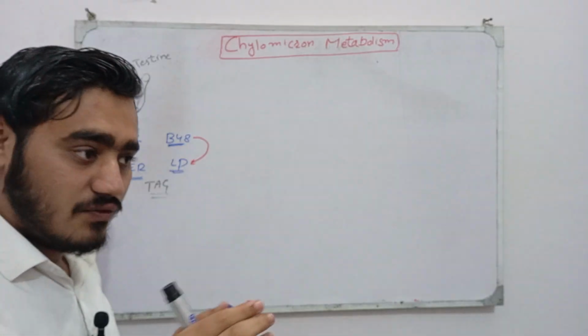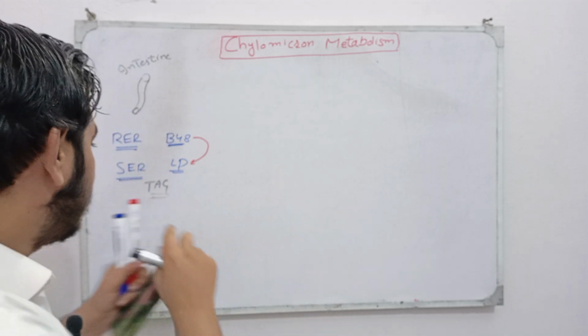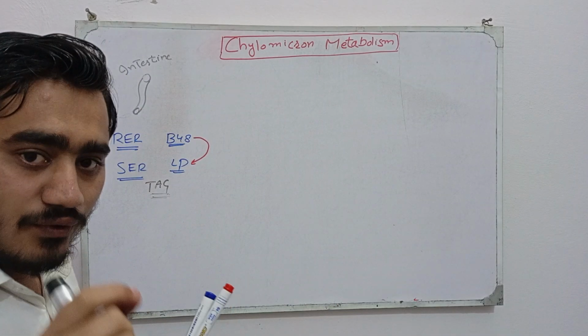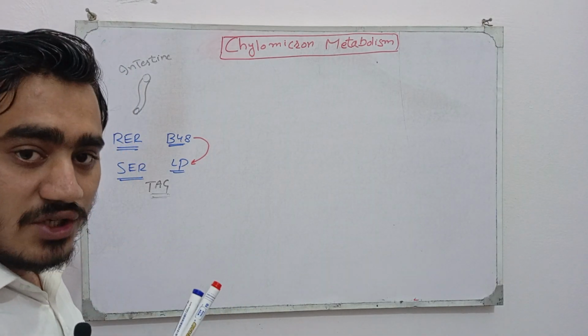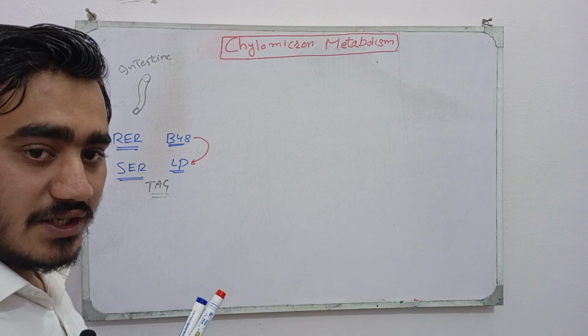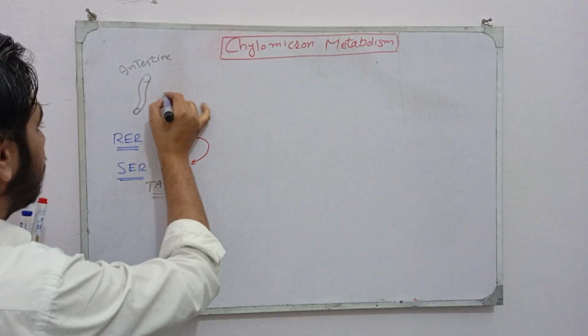In Golgi bodies, the carbohydrate group gets attached, and this complex gets incorporated in the form of chylomicron. Through reverse pinocytosis they are transported into lymphatics, and through the thoracic duct they are transported into the blood.